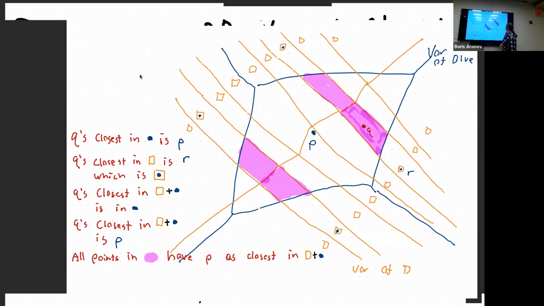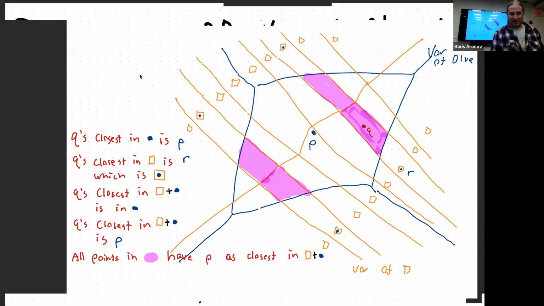Okay, so we've established that globally, the closest point of all these purple things is P. What is the locus of points that are globally closest to P? It's the Voronoi region of that point. What do we know about Voronoi regions? They're convex.